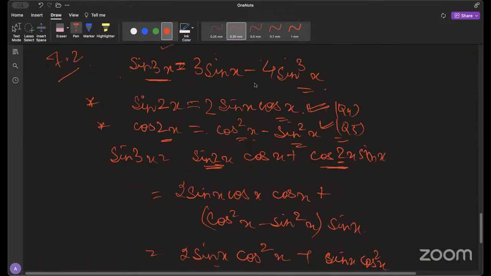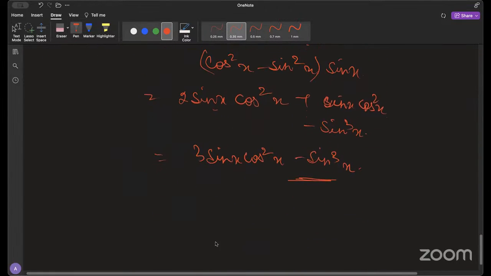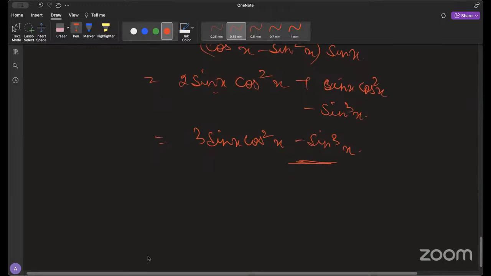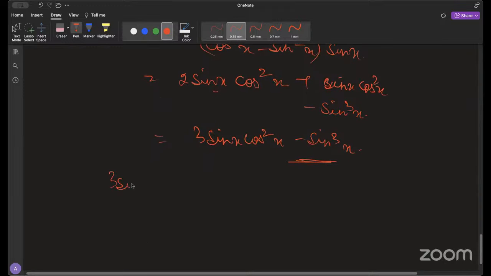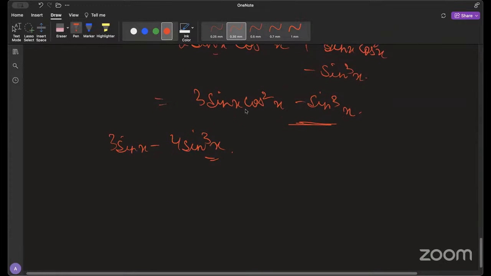And in the question, you've been given something entirely different. So we want to check if this thing is equal to 3 sin x minus 4 sin cube x, right? So one thing that you can do here is cos square x is 1 minus sin square x, right?